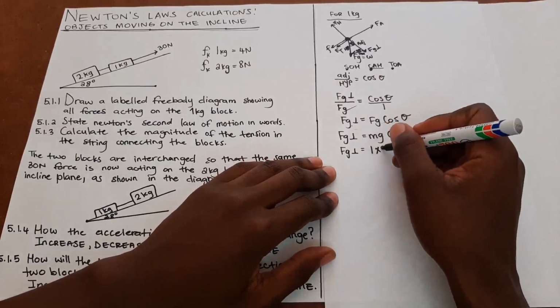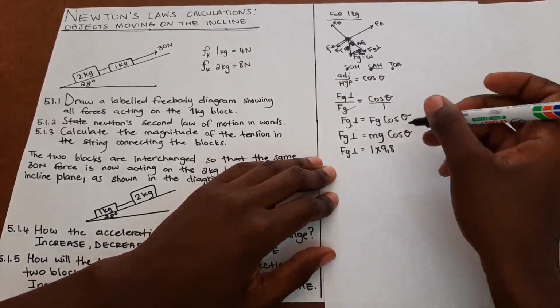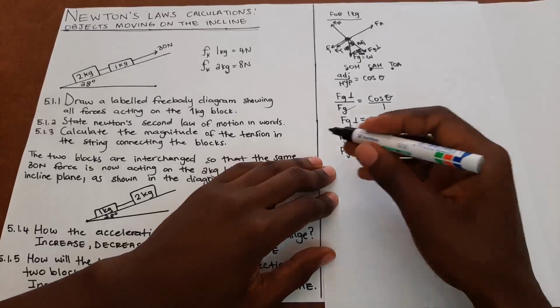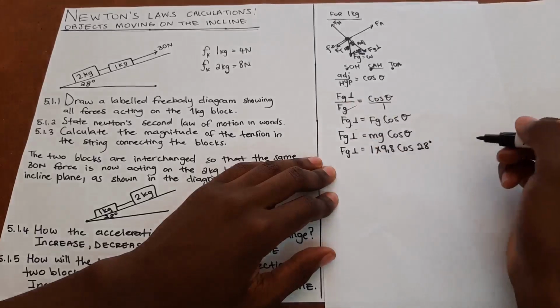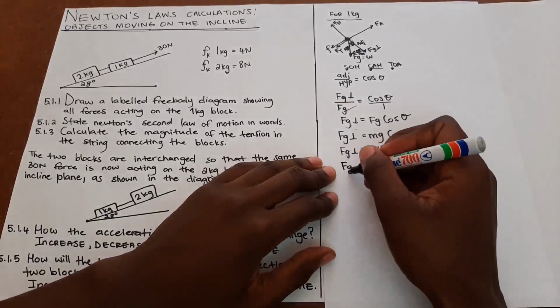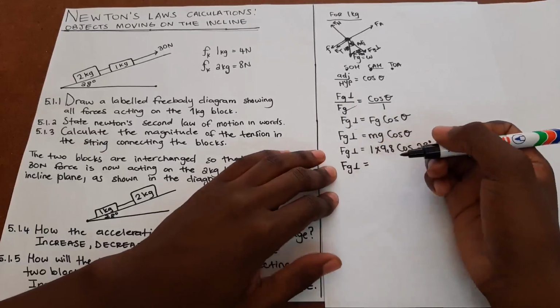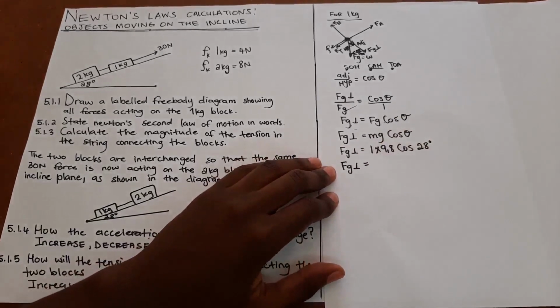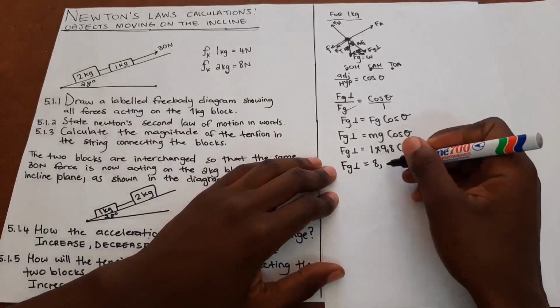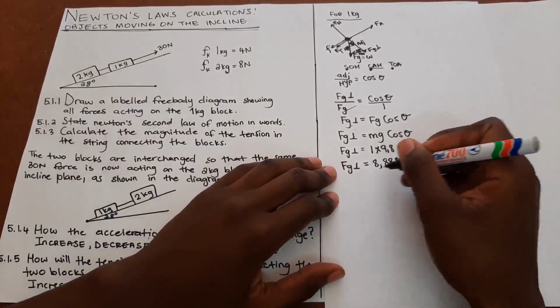So 1 multiplied by 9.8, cos, and theta is 28 degrees. Let's press on our calculators. For 1 kg, it's 8.88 newtons.